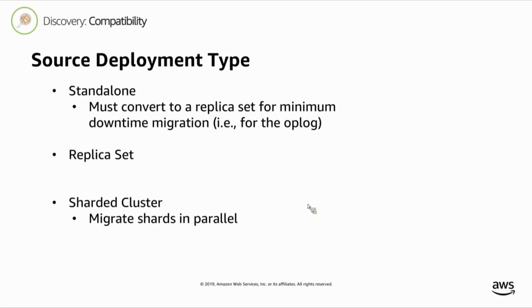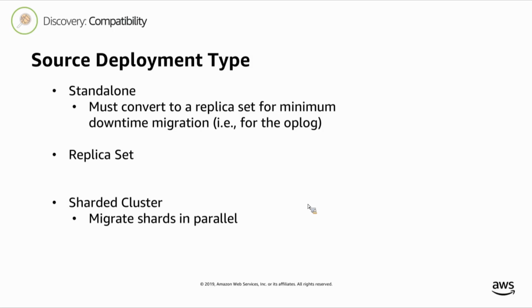But if you have a standalone and you want to use tools like DMS to migrate data to DocumentDB, you have to convert it to a replica set because it needs to have something called the operations log, or the oplog, in order for DMS to read the source for change data capture. The conversion is very simple. It's a single command, rs.initiate, that will convert that to a replica set.